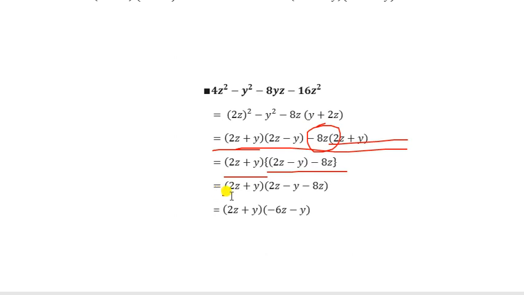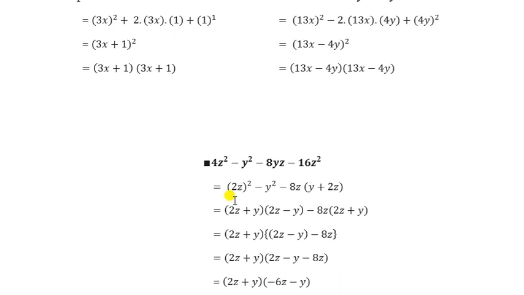Now (2z + y), and we'll remove this bracket, so 2z − y − 8z. Calculating 2z − 8z, we get −6z, and −y will come here. So (2z + y)(−6z − y), in this way it will come. This is another way to factorize the given expression.